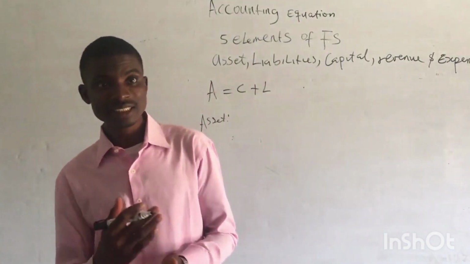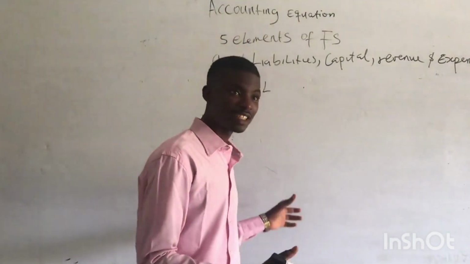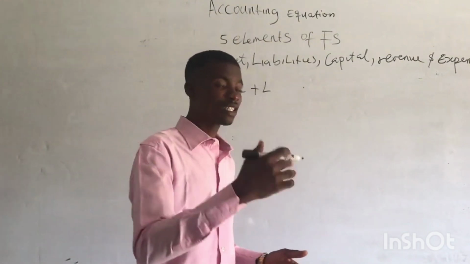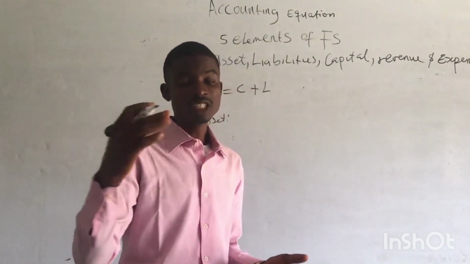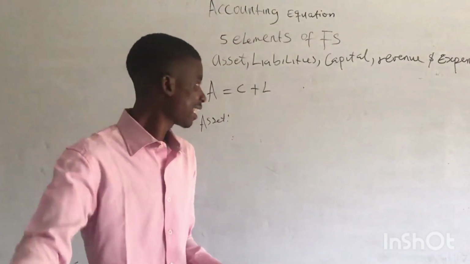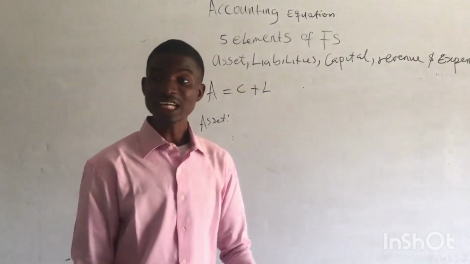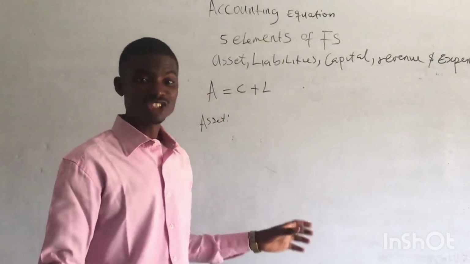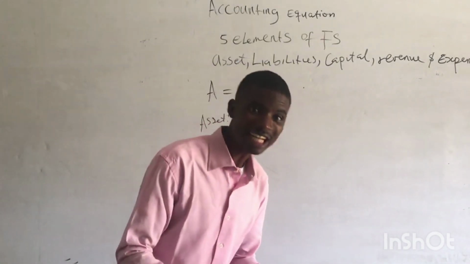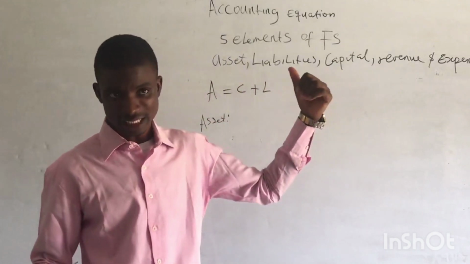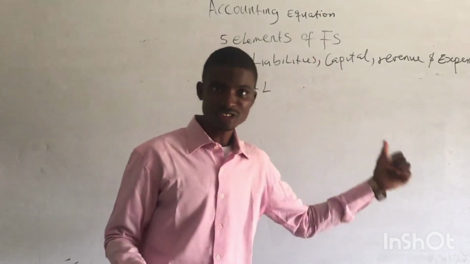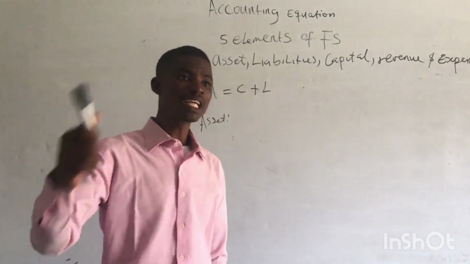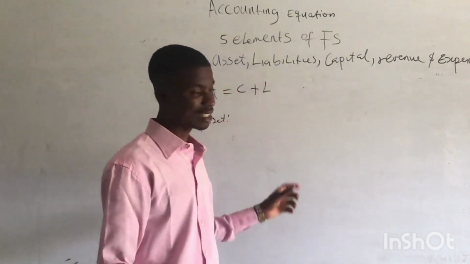Any item that is to be regarded as an asset must have the capacity to generate future revenue. If it does not have such ability to generate future revenue, it will be better regarded as an expense and not an asset. Therefore, assets are resources controlled by an entity as a result of past events or past transactions from which future economic benefits are expected to flow to the entity. That is the meaning of an asset.